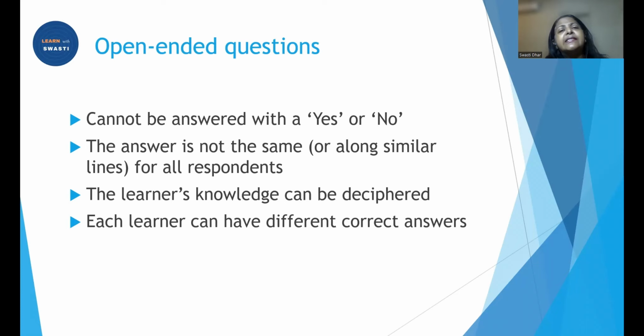So when you're doing these kinds of questions where everybody has the space to answer what they know, that becomes an open-ended question. Okay? We'll come to the mathematical examples as per CTET later.